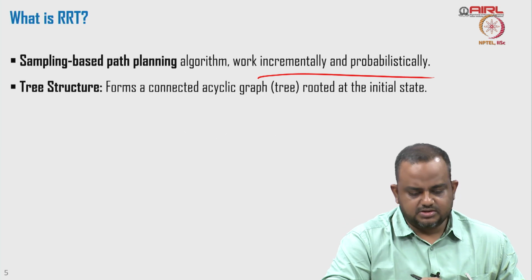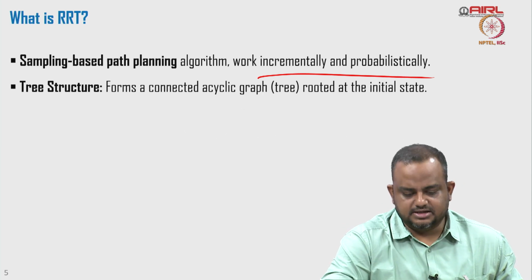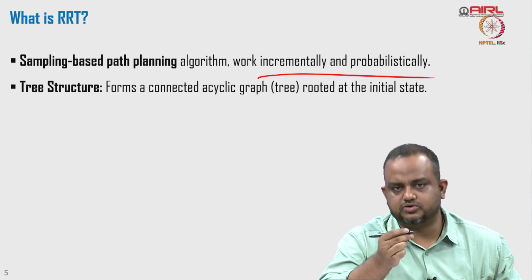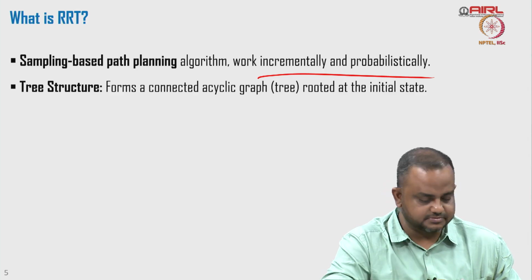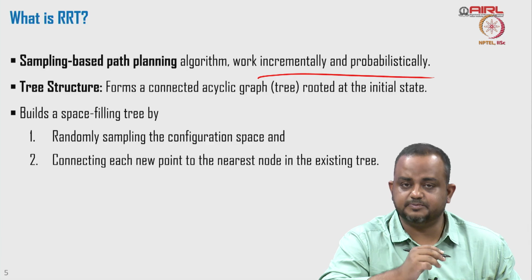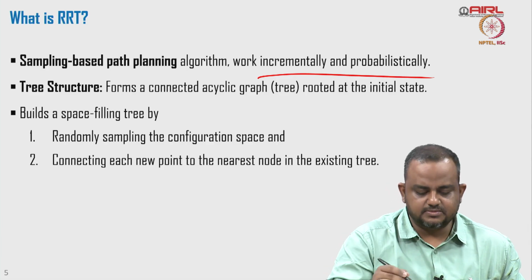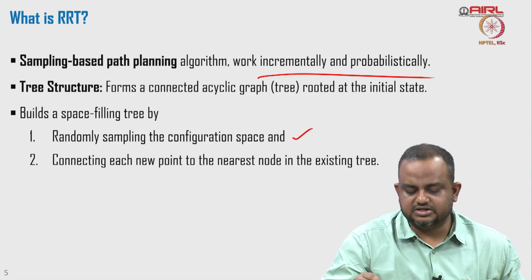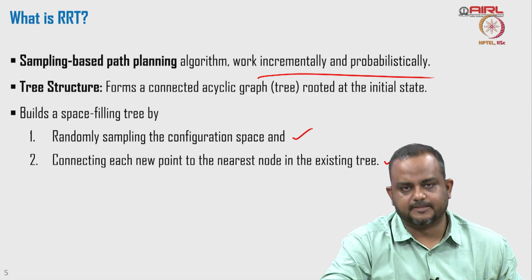Okay. So, it forms a connected acyclic graph or tree rooted at the initial state, where the robot or drone is at the initial position. Then it builds a space filling tree by randomly sampling the configuration space and connecting each new point to the nearest node in the existing tree. Okay.